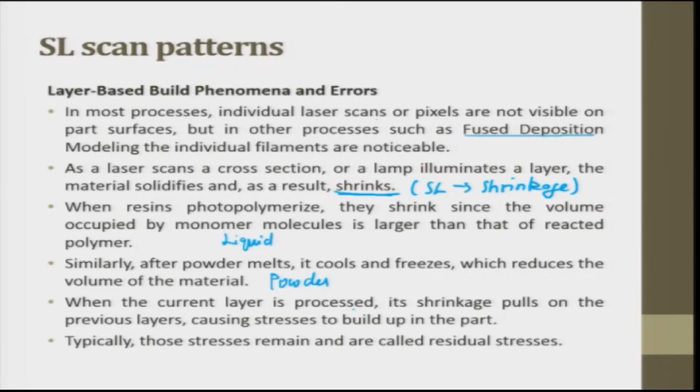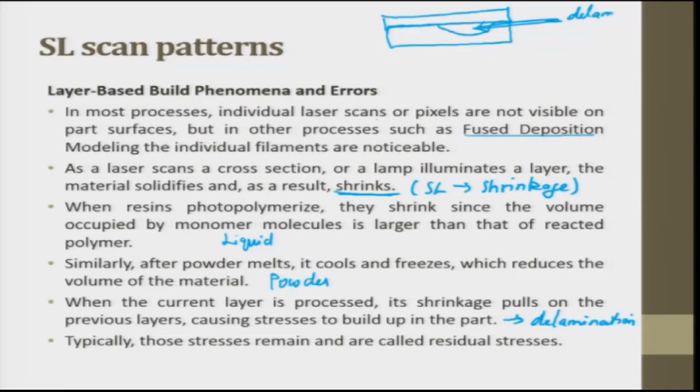When the current layer is processed, it shrinks and pulls on the previous layer, causing stresses to be built into the part. So, this leads to delamination. Delamination means it is breaking. Suppose I have one layer, I have another layer, something like this. This portion is called delamination, breaking.